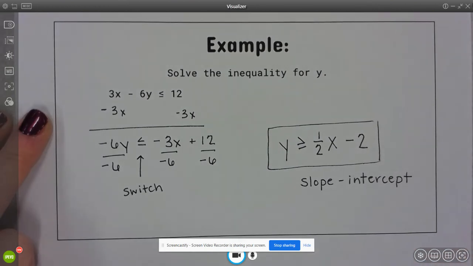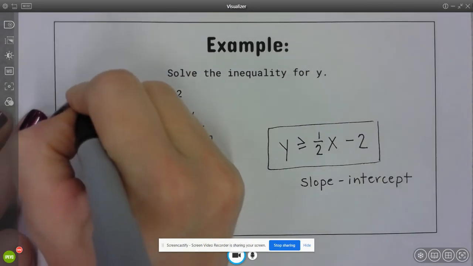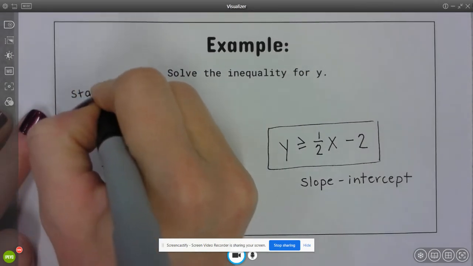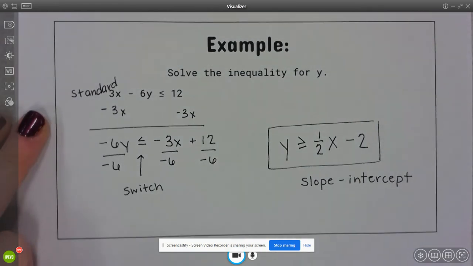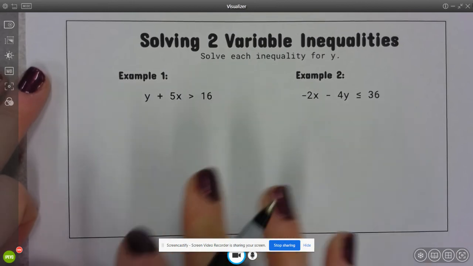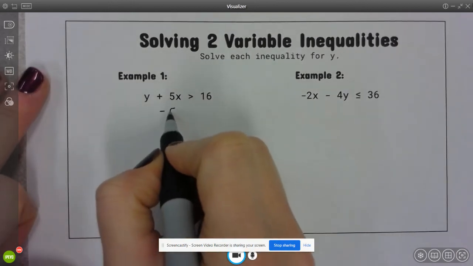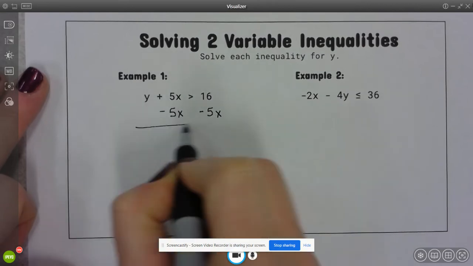So even though it's an inequality, I can still look at slope-intercept form, standard form, and point-slope form. So it started as a standard form, and we went to slope-intercept. We're going to do the same thing here. Solving for y, getting it into slope-intercept form.